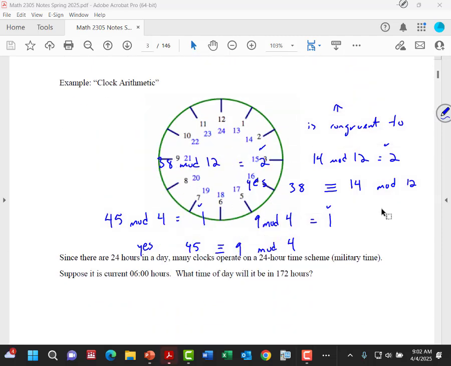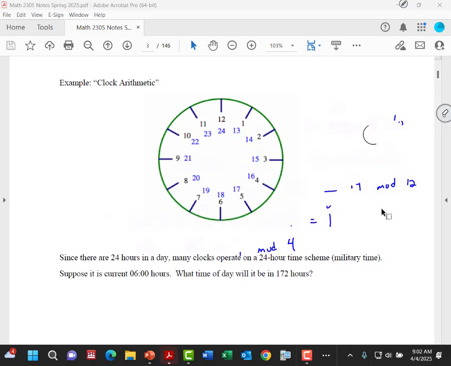Sometimes modular arithmetic is referred to as clock arithmetic. If we take a look here at a standard clock, I've got 12 hours, but if we're familiar with what we might call military time or a 24-hour clock, the day starts at 0.